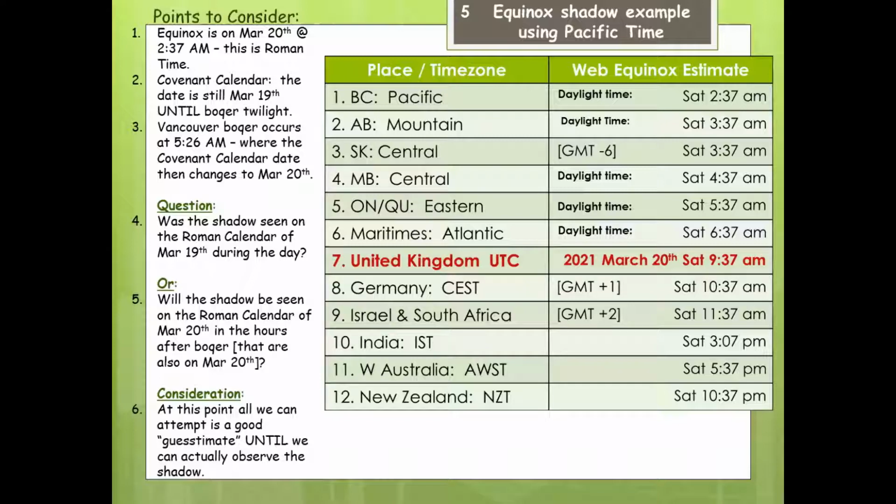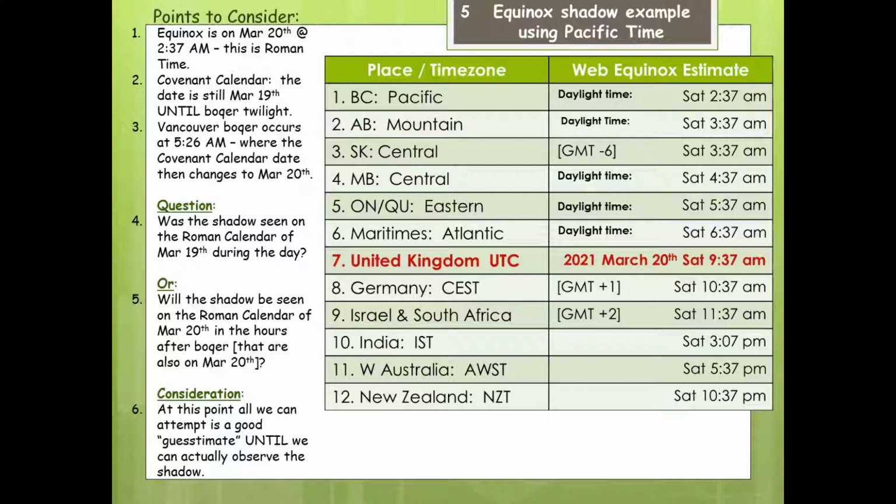So the question was: was the shadow seen on the Roman calendar of March 19th, the day before? Or is the Pacific time zone going to be watching the shadow on March the 20th, when the Boker changed to March the 20th? So that's the question, okay? Or will the shadow be seen on the 20th? So which one was it?